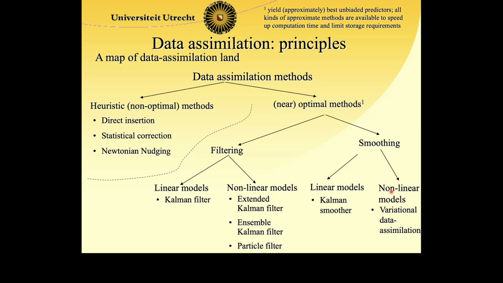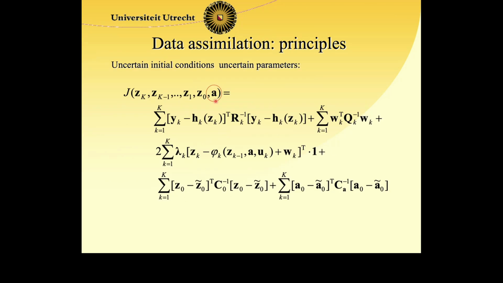But more popular is finding an optimization algorithm. But then you need an adjoint state. You have to have a model that describes this lambda k. You need an additional dynamic model to calculate the dynamic evolution of this adjoint state lambda. And making an adjoint model is a lot of work.